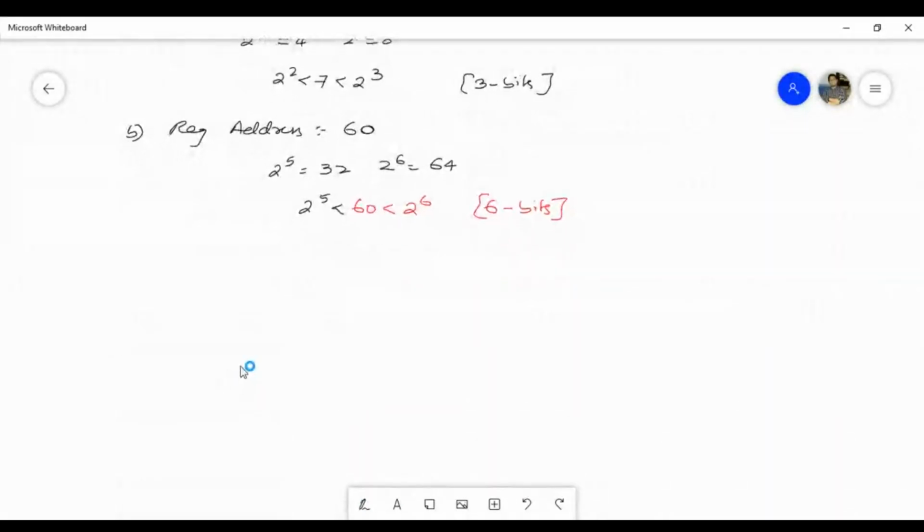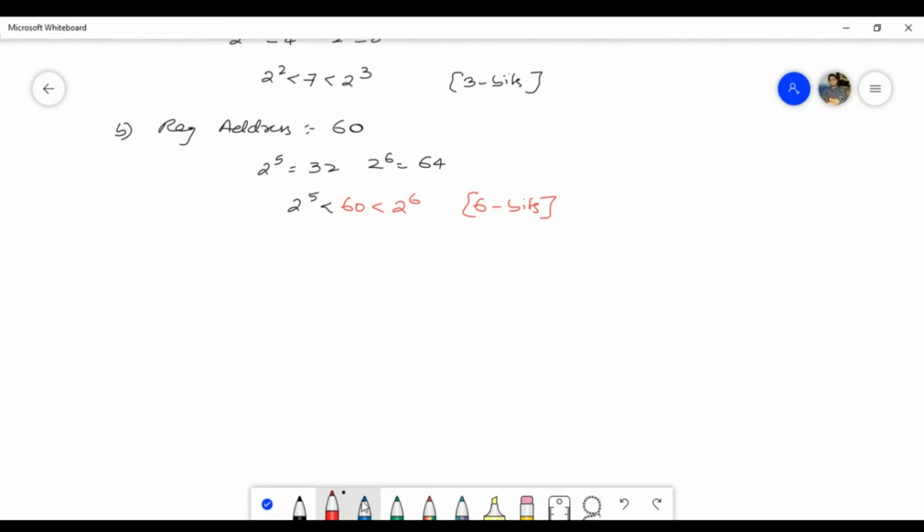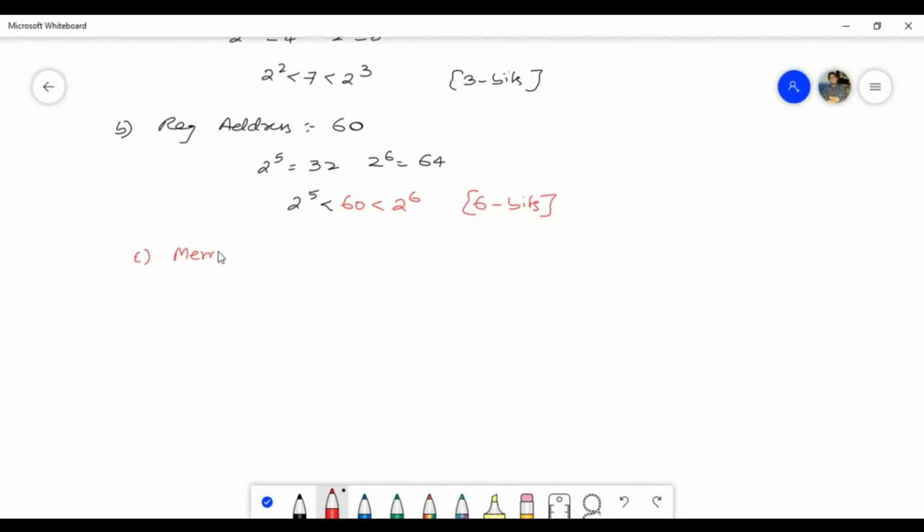And the last thing is the memory address. The memory address is given as 256 kilo. 256 kilo is represented with 1 kilo equal to 1024, right?